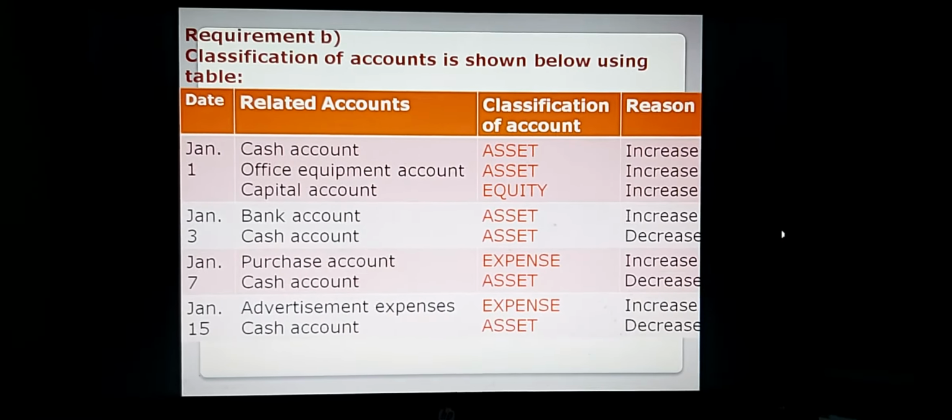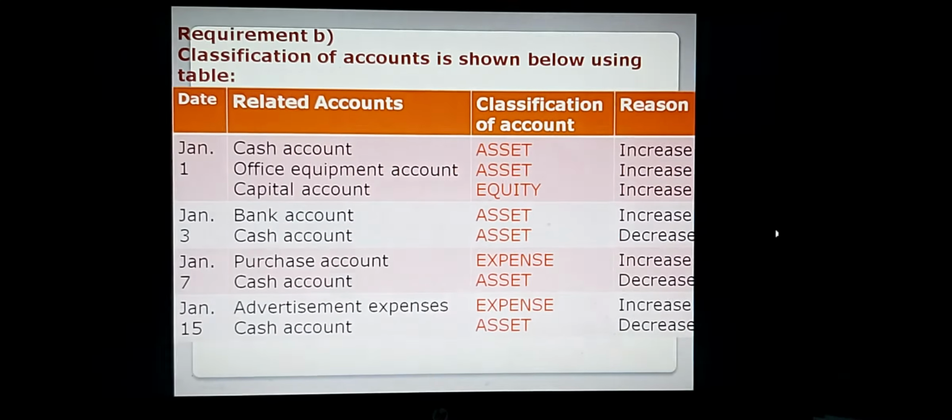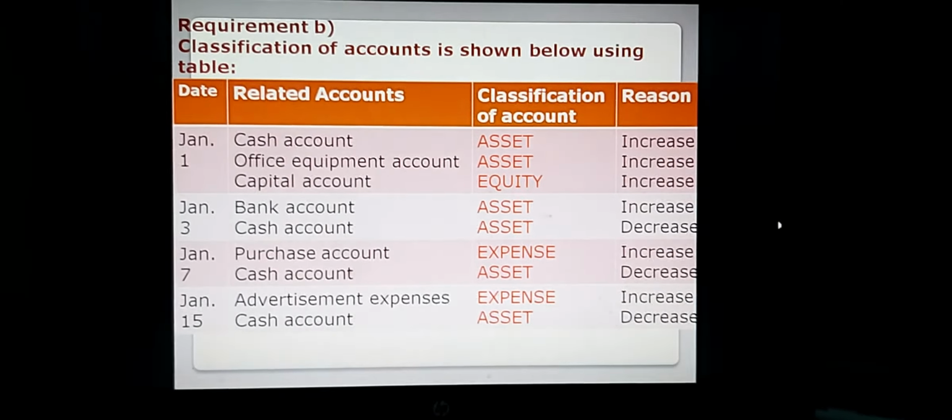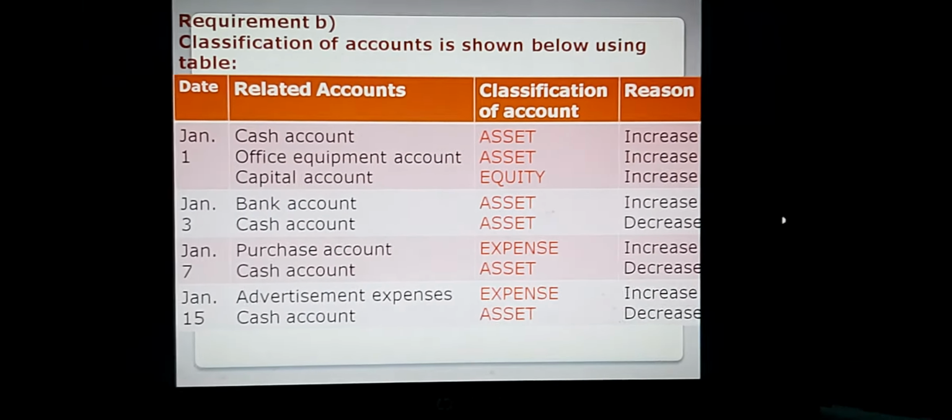That is, these amounts are supplied or invested or brought in business by owner. So in this transaction, 3 accounts are related.